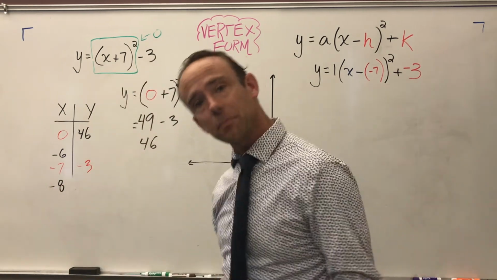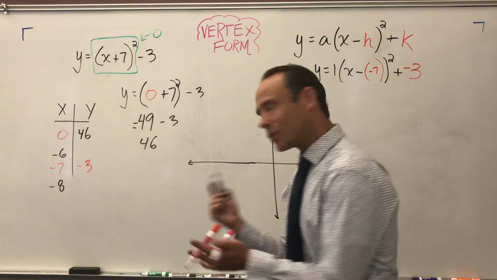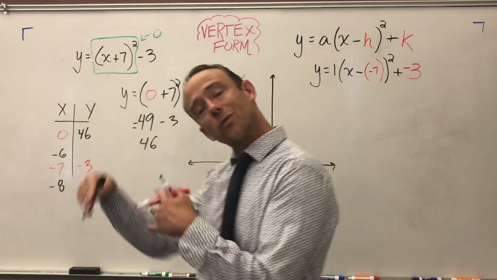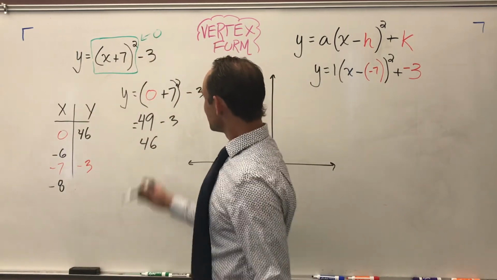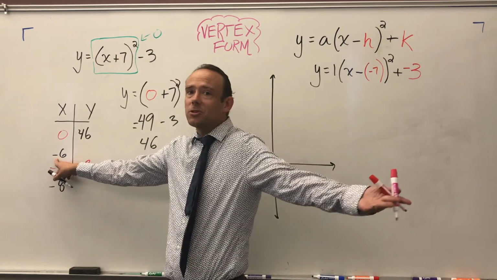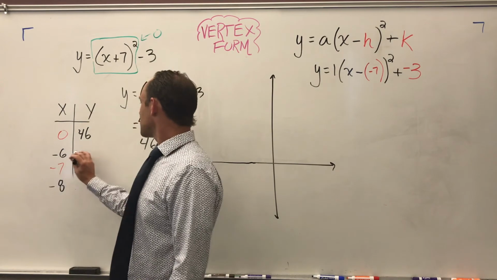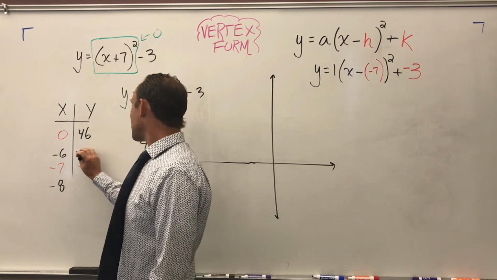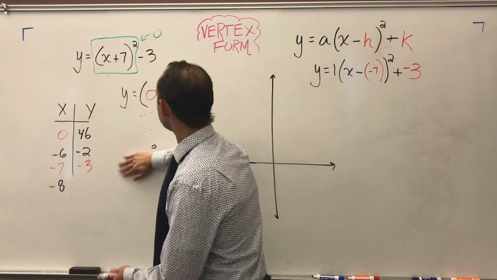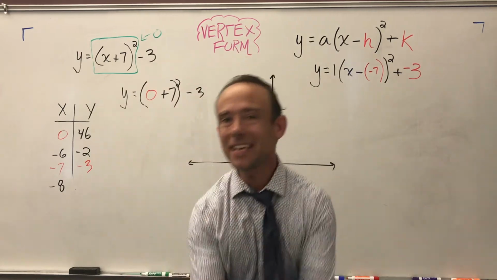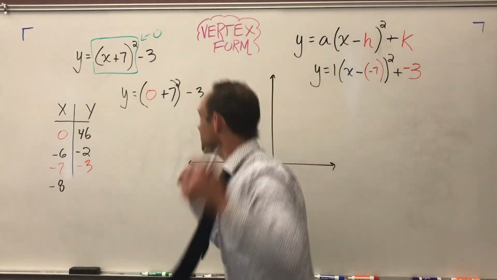Now, if you forget the pattern, over 1 up 1, over 1 up 3, over 1 up 5, just substitute it in. I know that this went up 1, so this is going to be minus 2. But if I didn't, I'm still good.